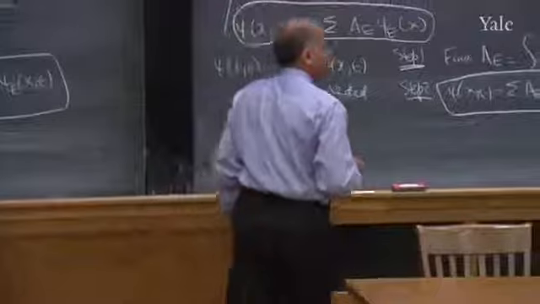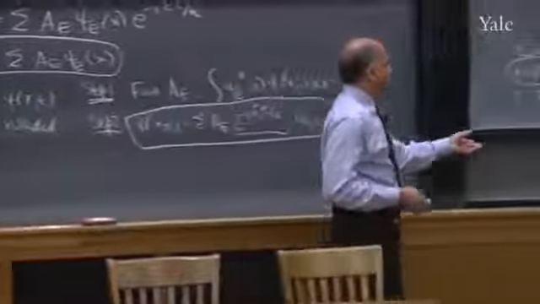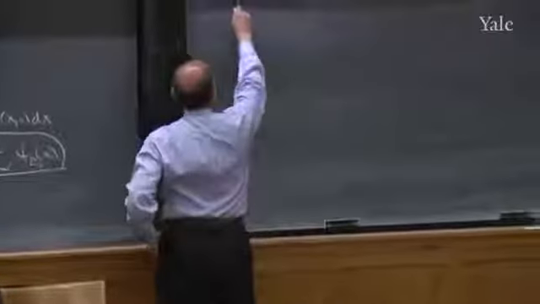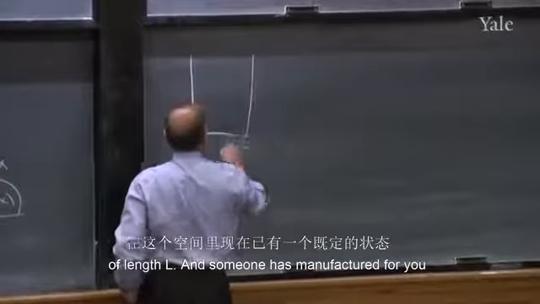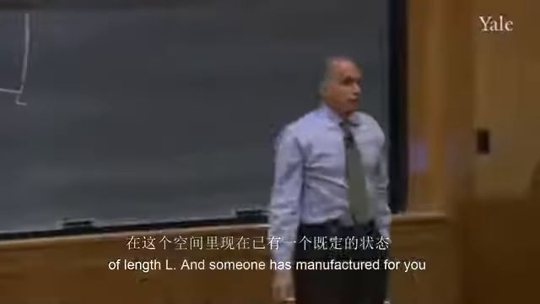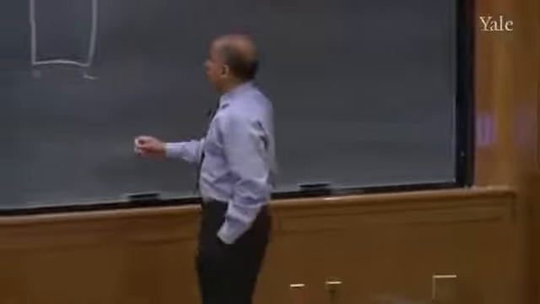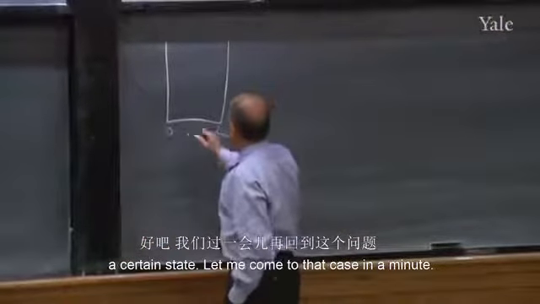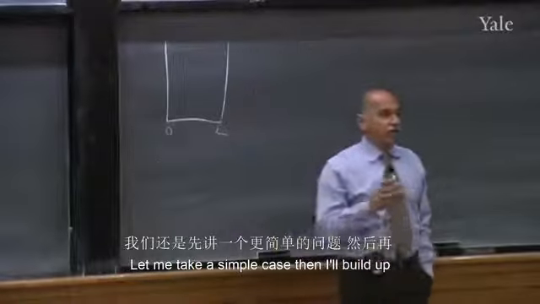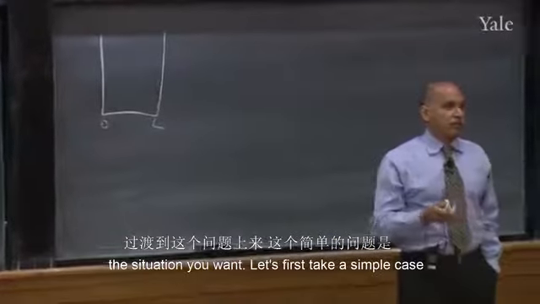Okay, so let's do the following problem. Let us take a world in which everything is inside the box of length L. And someone has manufactured for you a certain state. Let me come to that case in a minute. Let me take a simple case, and I'll build up the situation you want.